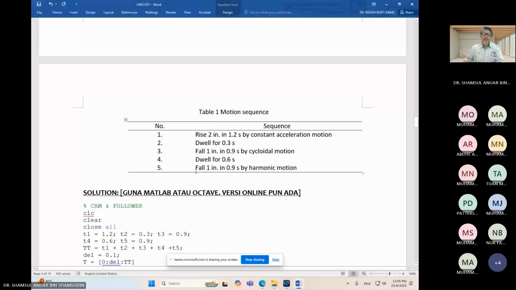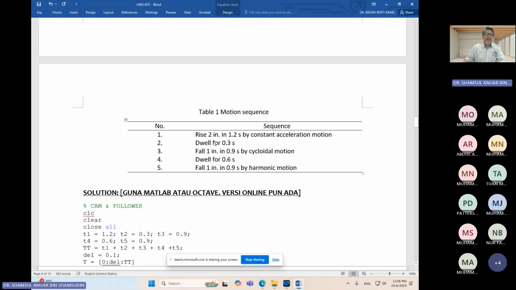So the first motion will be to rise 2 inches in 1.2 seconds using a certain constant acceleration motion. So you have to find out what are the equations related to constant acceleration.